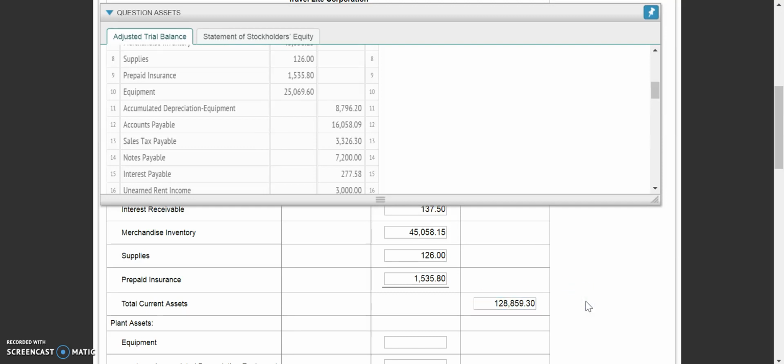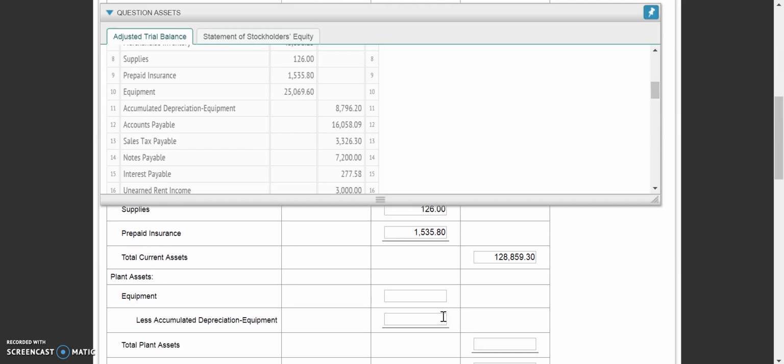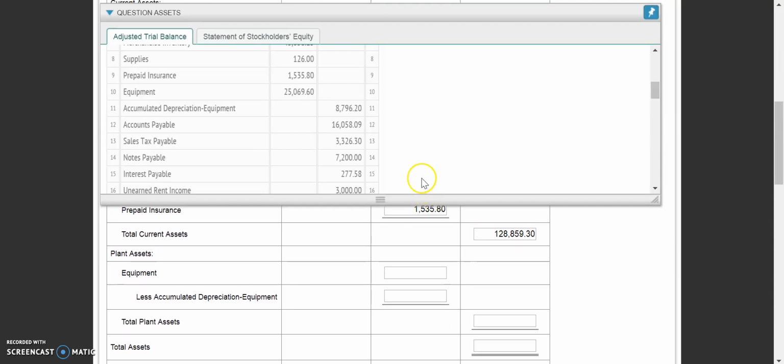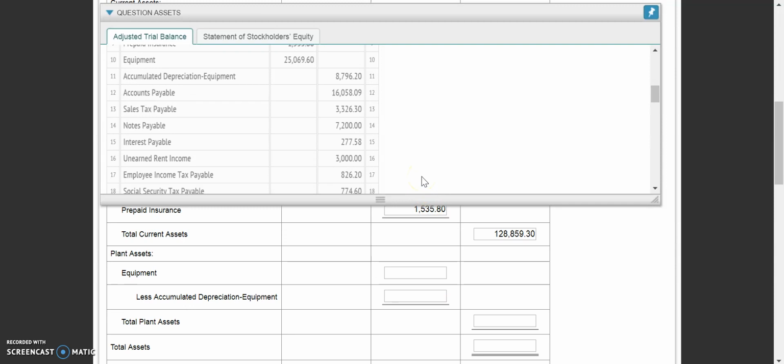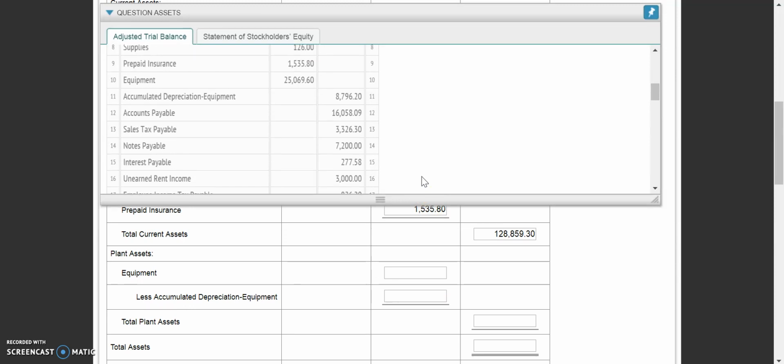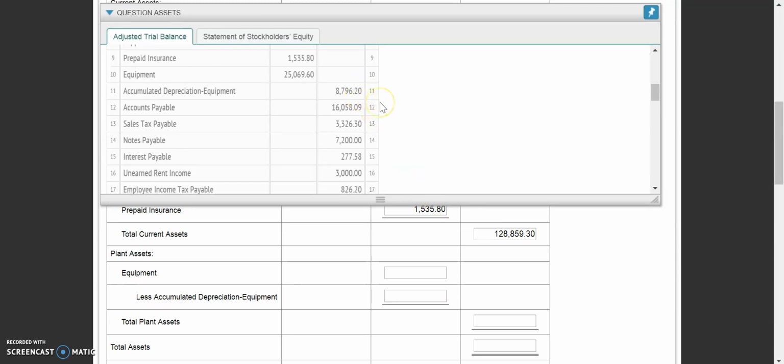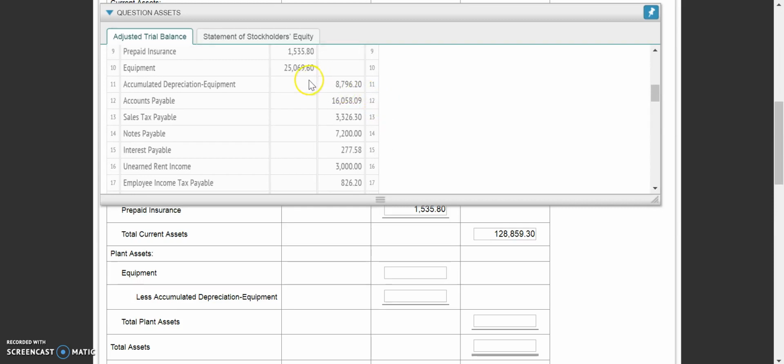$128,859.30. Okay. Then we have a plant asset section, which is something different than we've had before. With our sole proprietorships, we didn't have plant assets to pay attention to. So our plant assets over here are our equipment, which has a balance of $25,069.60.